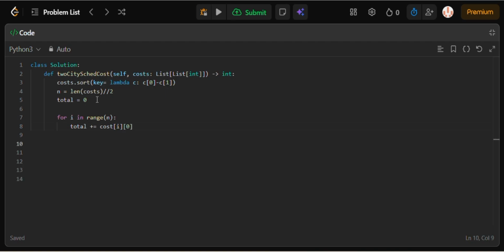And after this loop, for the rest, for i in range(n, 2n), because we have 2n people in total, I'm sorry, it must be total plus equals costs[i][1]. After this, we just have to return the total.